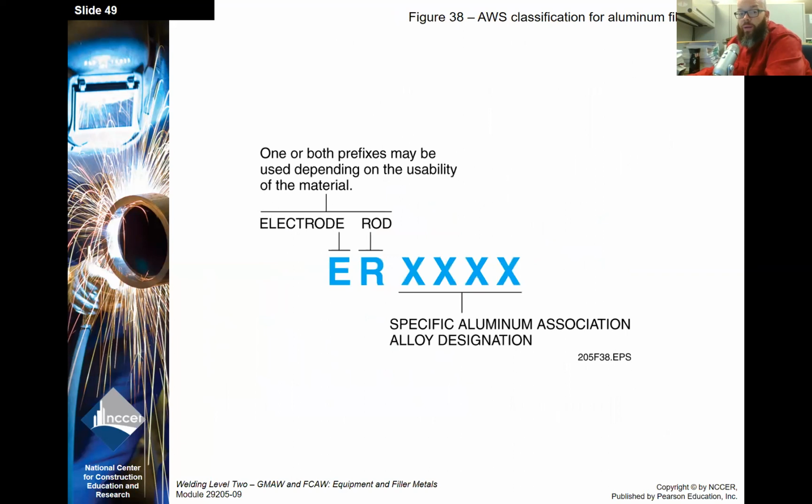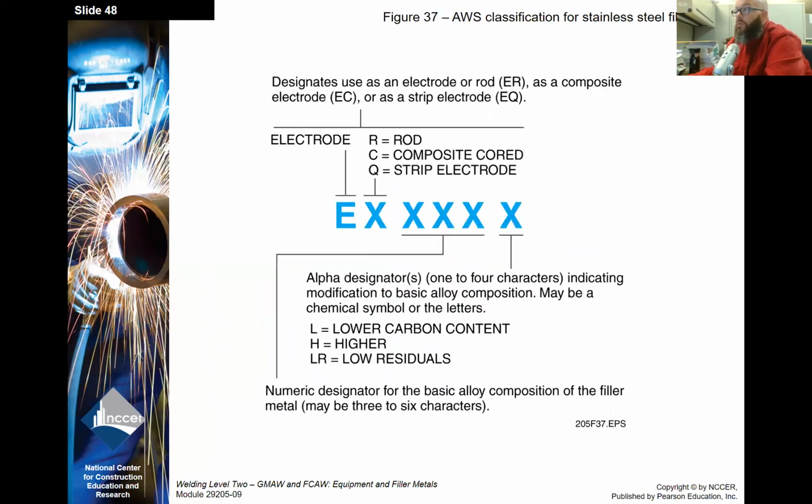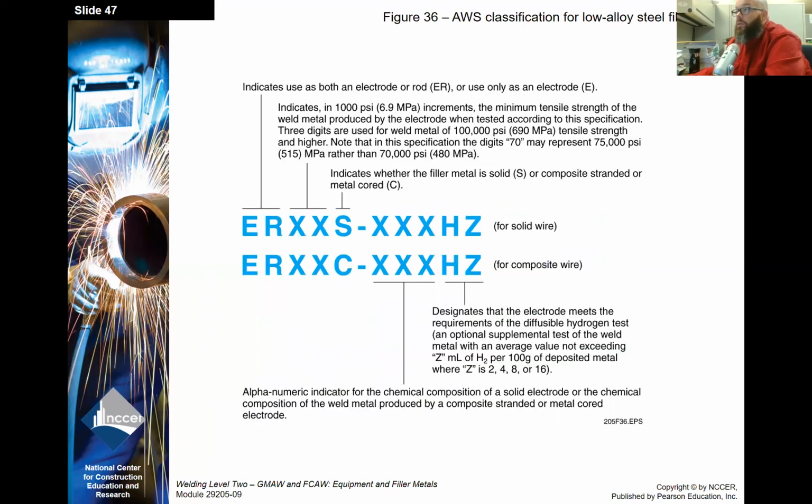So quite a bit here about wire. I'm more concerned that we know about the low alloy wires. So on this page here, what these different codes are going to tell us. We've got the ER or E. The first two digits after the E or ER are going to be your tensile strength. Then you're going to have either an S or a C. It's either a solid or a composite wire.